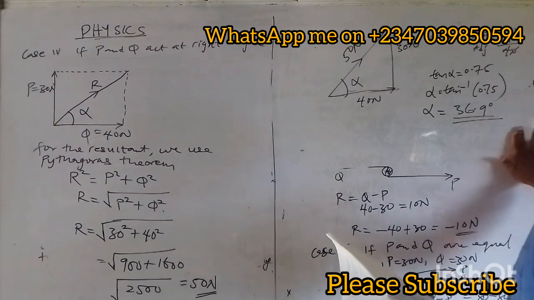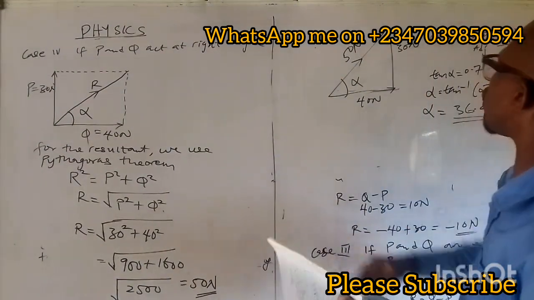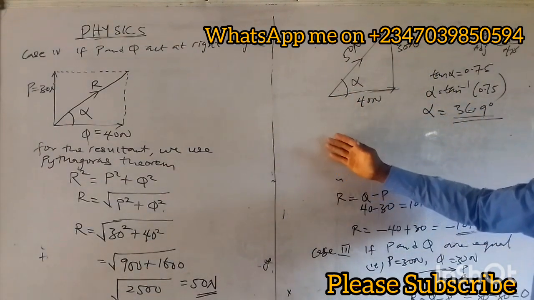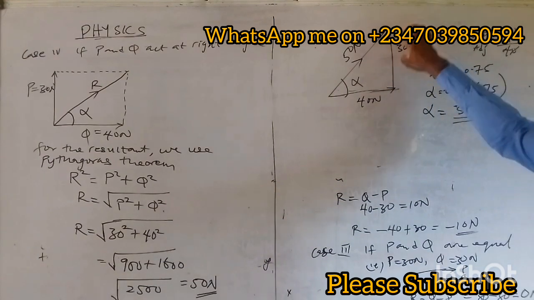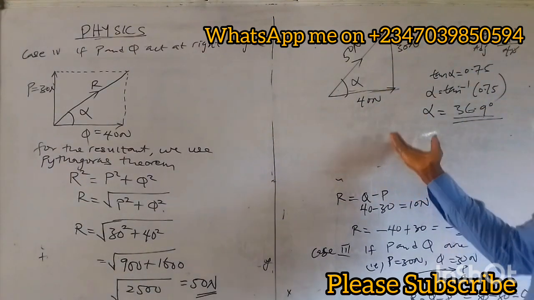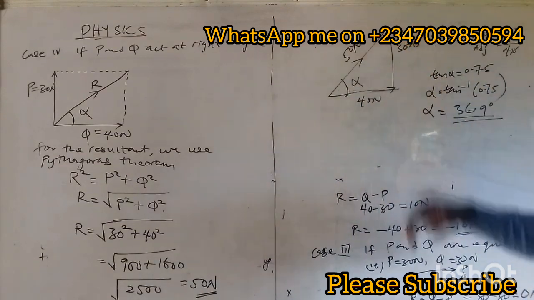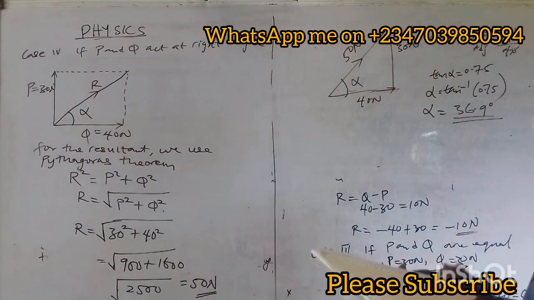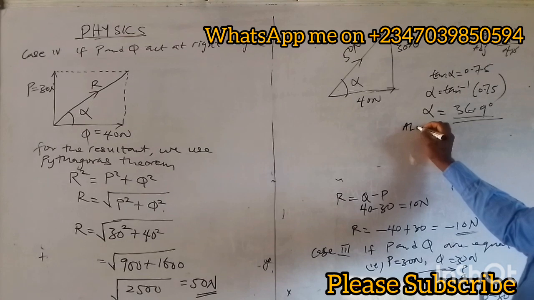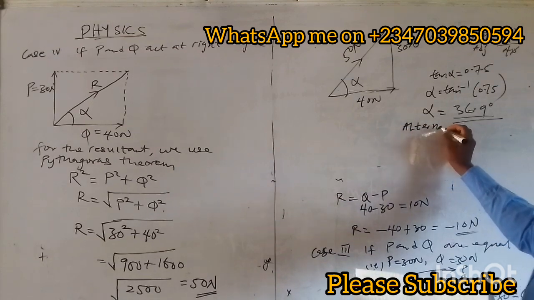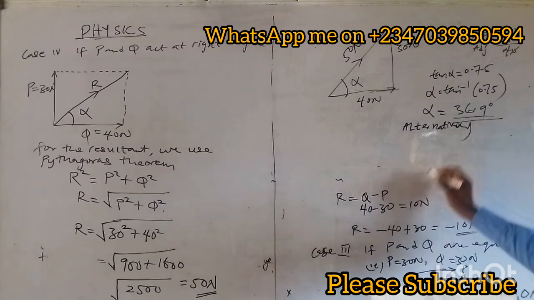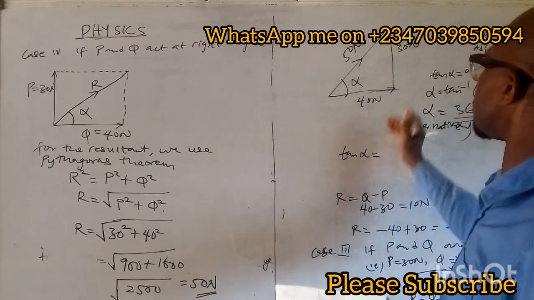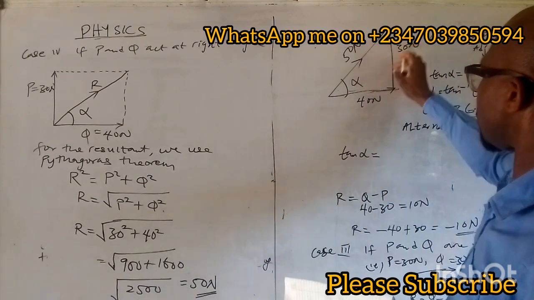Also, we can get the direction because we are not under any obligation to put your P here and Q here. Someone else can still put P here and put Q here. In other words, these signs will change. So if it changes, that means this thing will not change. So alternatively, we can have tan alpha, if we swap this, 40 will be here, 30 will be here.